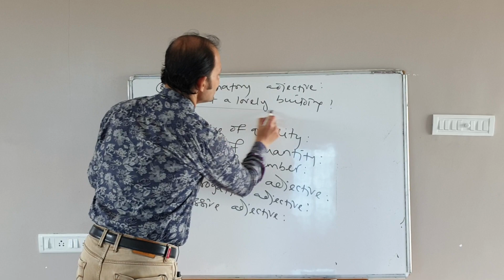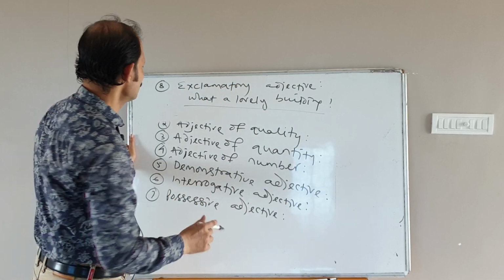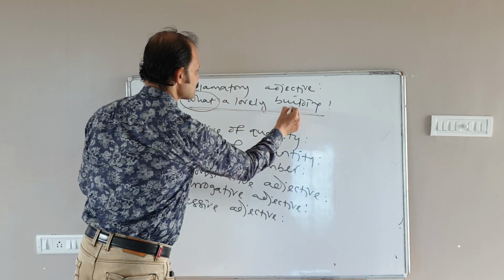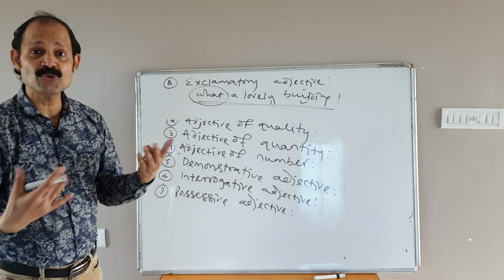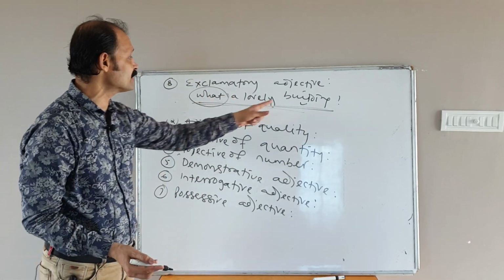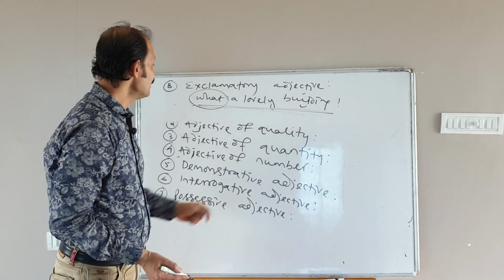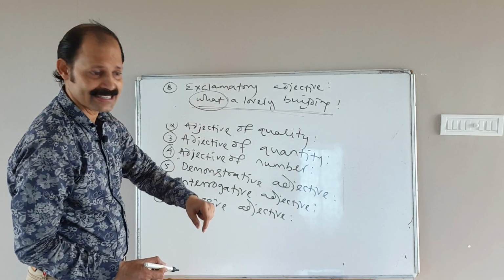What a lovely building is a noun phrase where what describes the noun in an exclaiming way. That means someone is exclaiming over the loveliness of the building. That's why it is an exclamatory adjective.